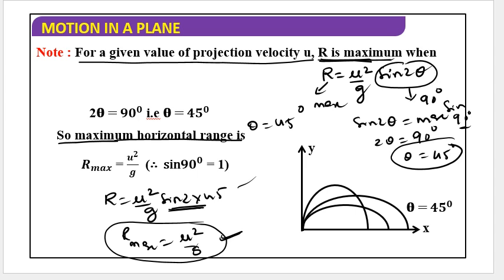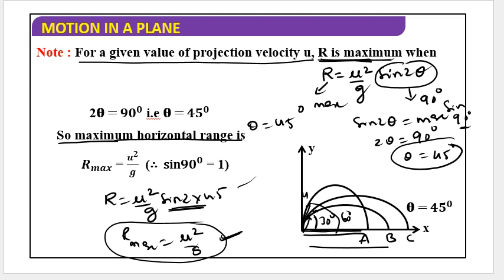Okay, now look at the picture here. Suppose you throw the projectile with the same velocity, making an angle of 30 degrees. Now this is the range. Suppose this point is A, this point is B, this point is C. So this is the range. Suppose you throw with the same velocity at 60 degrees.